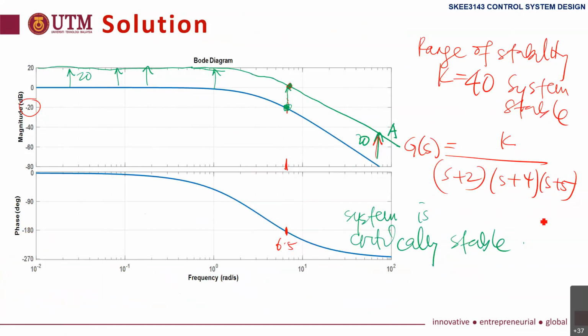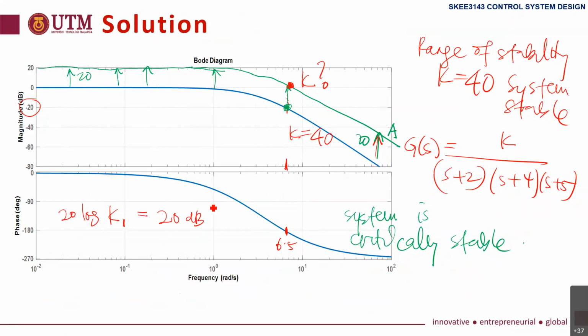The next question is, what is the K here? We know that we plotted K40 and the system is stable when K is 40. What value of K makes the magnitude like this? We can obtain it by using 20 log K1, I call it K1 to differentiate from this K, equal to 20 dB.